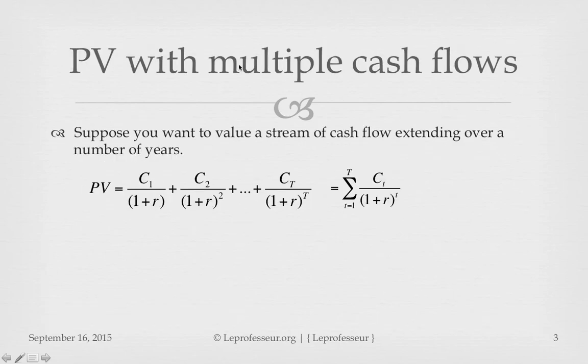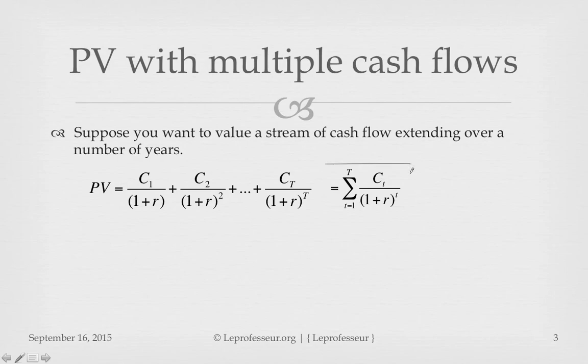Now let's discuss present value with multiple cash flows. Suppose you want to value a stream of cash flow extending over a number of years. So this is the present value formula for many years: cash flow after 1 year divided by 1 plus r, cash flow after 2 years divided by 1 plus r squared.